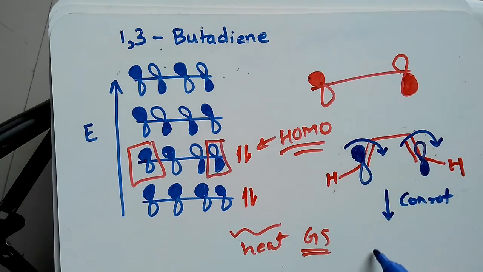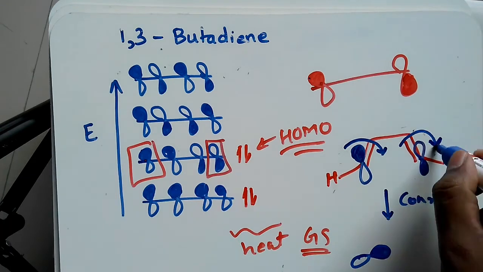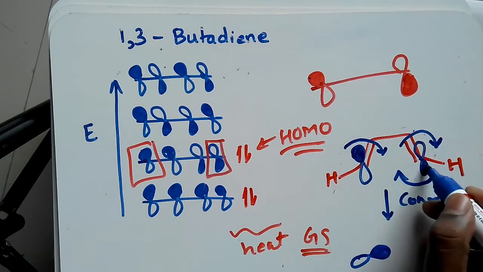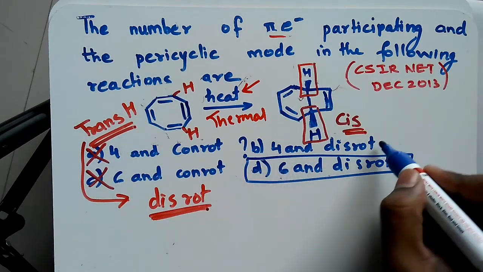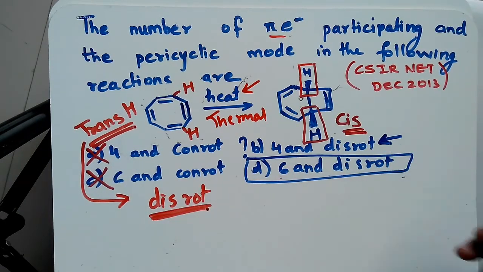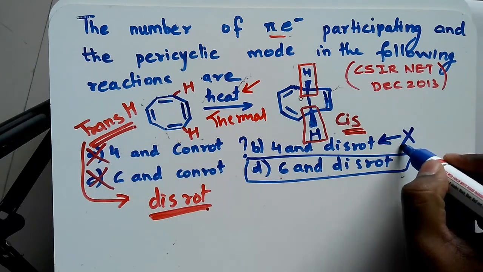This is clockwise, this will bring this part here. If you bring the clockwise direction here, this positive phase comes here, and then we have a positive phase here, this will form the bond. But for 4 electrons, it is disrotatory, whereas there we were getting conrotatory motion, so this is not the case.